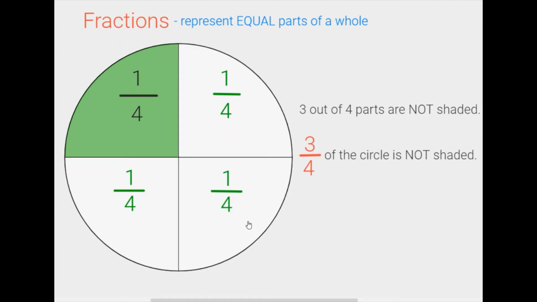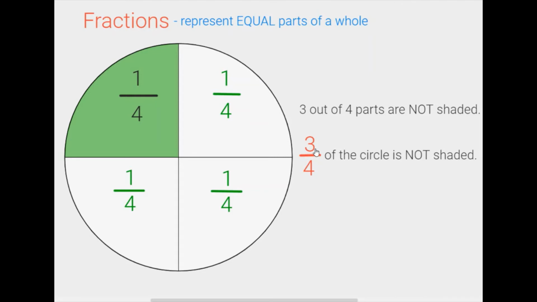are not shaded. So we write 3 because we have 3 that are not shaded. We write 3 as our numerator, or 3 on top, and then 4 as our denominator, or 4 at the bottom, because as we said, the denominator represents the number of slices the whole is cut into.